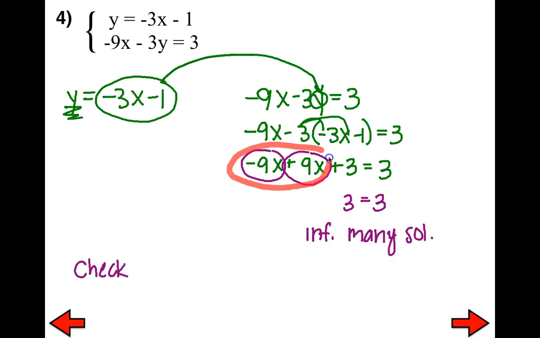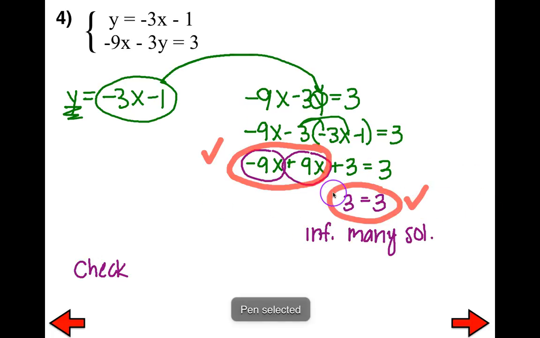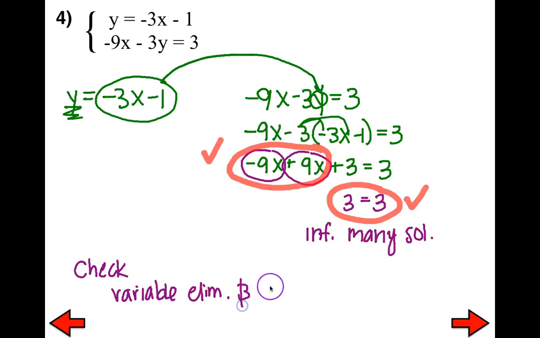Here, the variables were eliminated, okay? And then the second thing I would have to check is, hey, look, this is where I have a true statement. So in your work, even identify it and make sure it actually happened, that again, your variable is eliminated, and you end up with a true or false statement depending on your answer. So that's it. Hopefully you got the correct answer.